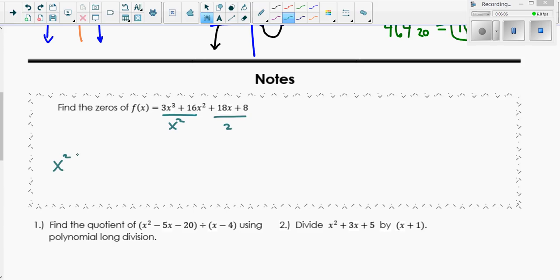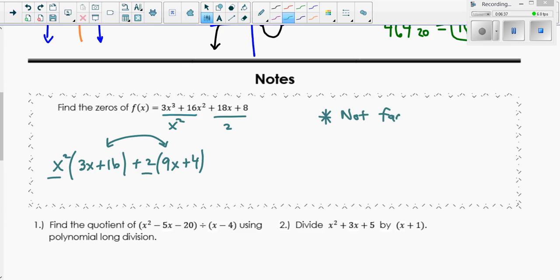So if I take out an x squared, I'm left with 3x plus 16, and then I'm left with 9x plus 4. Okay? Notice that these two are not the same, and if those two are not the same, then I can't group together the x squared and the 2. So, if I can't factor this by grouping, then this is not factorable.